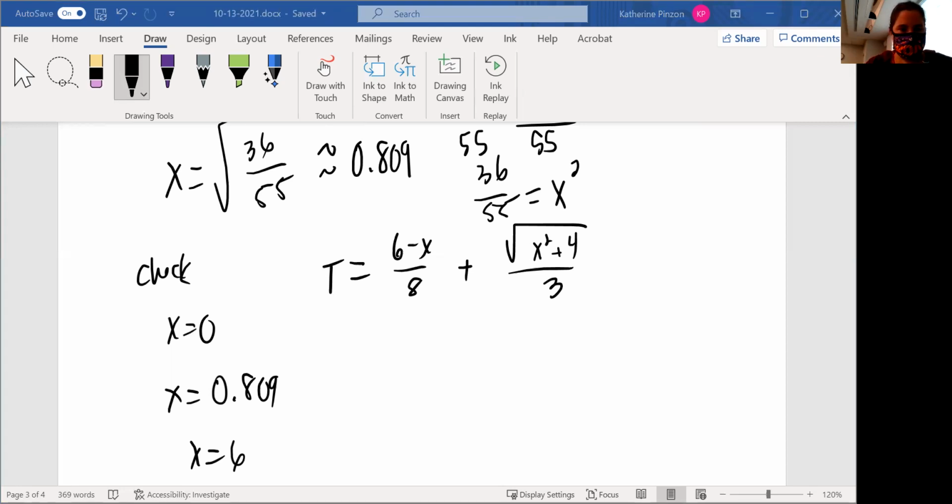I'm putting my time equation in Desmos. Okay, I put my time equation in Desmos. I'm computing t of 0. I'm computing t of 0.809. And I'm computing t of 6.